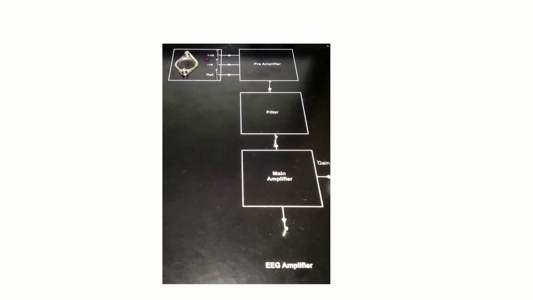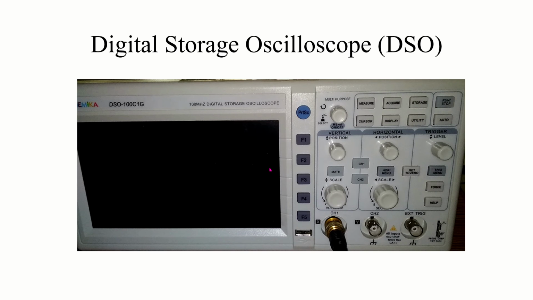Since we have 3 terminals here, positive, negative and reference, corresponding to the probe input, we'll have red, blue and black colored probe inputs, where red corresponds to the electrode and blue corresponds to the reference. The signals will be fed to the pre-amplifier, followed by the filter and the main amplifier.